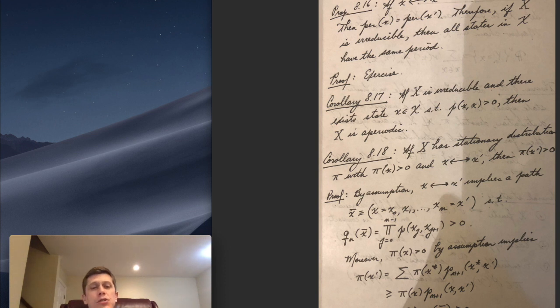But there are two immediate consequences of this which are important to be aware of. The first one: if the chain is irreducible and there exists a state which has a positive probability of staying where it's at in one step, then the chain must be aperiodic. The proof of this is immediate, and you should think about it. I may have even given this as an exercise last time.